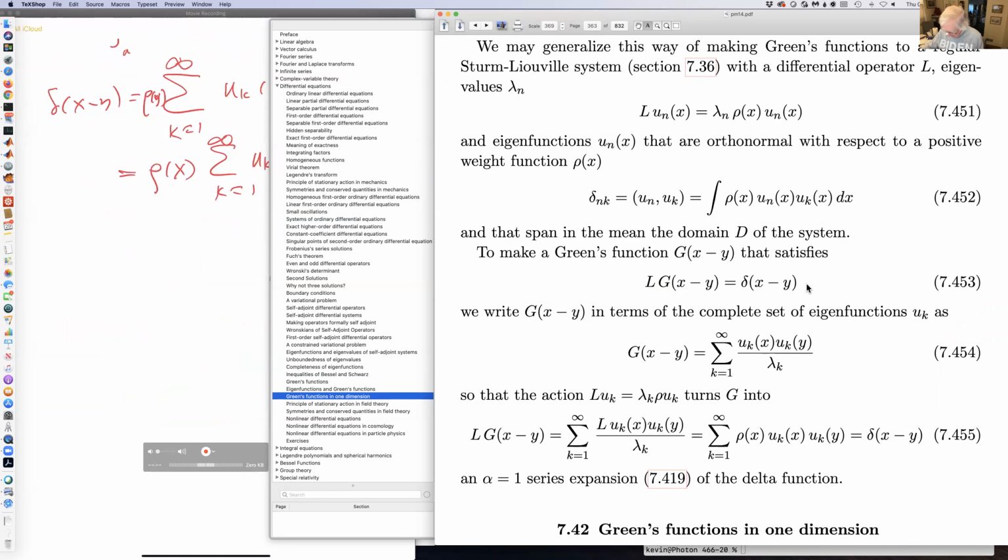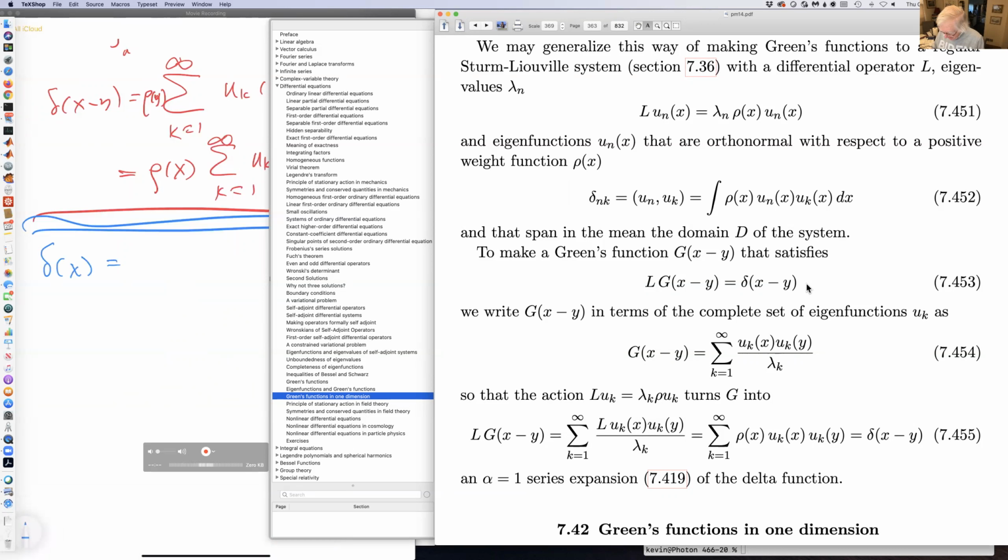So let me go to a different color, say blue. And so what we had here was delta. It doesn't look very good. Let me undo that one. Delta of, let's just do delta of x to keep the notation simple.